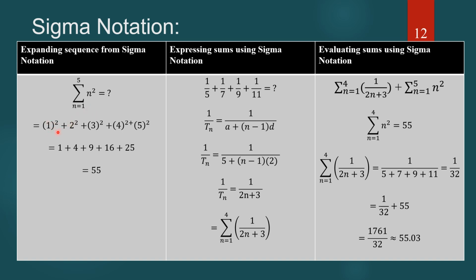We start from 1, then we end at 5. As demonstrated here on the notation, we start at 1, we end at 5. So we start from 1, we go to the next term, until 5, and then we expand the values generated from this expression, and then we get our number 55.